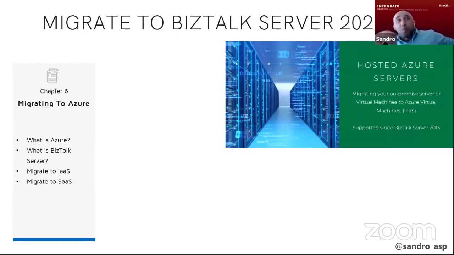Now, if you want to migrate your existing BizTalk solutions to Azure, you have 2 options. First, and the easy one, is to migrate, stay in BizTalk again, but migrate your VMs to Azure. It takes advantage of the reliability of the VMs on Azure. You have more scalability than having it on-premises with your hardware.